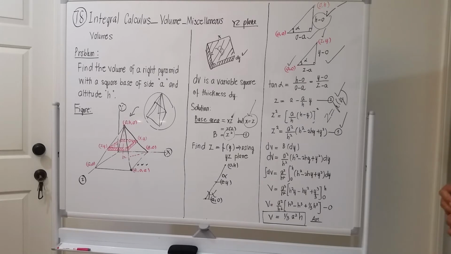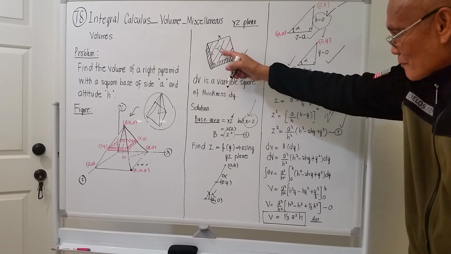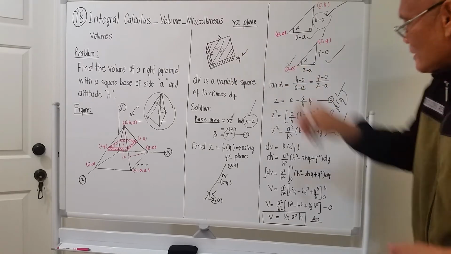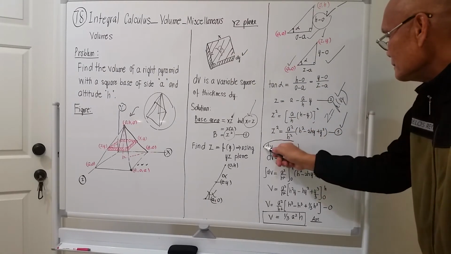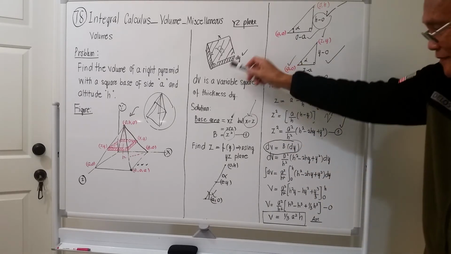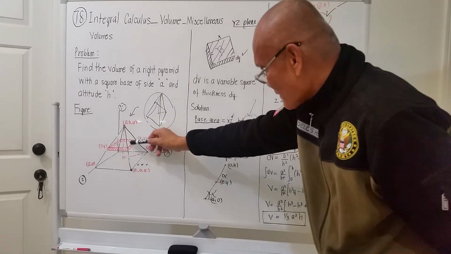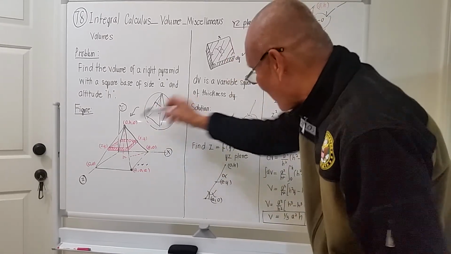Okay? So if we get the volume of this one, take the base area times the thickness. The base area, the variable area that goes up from the base to the vertex, is actually variable.